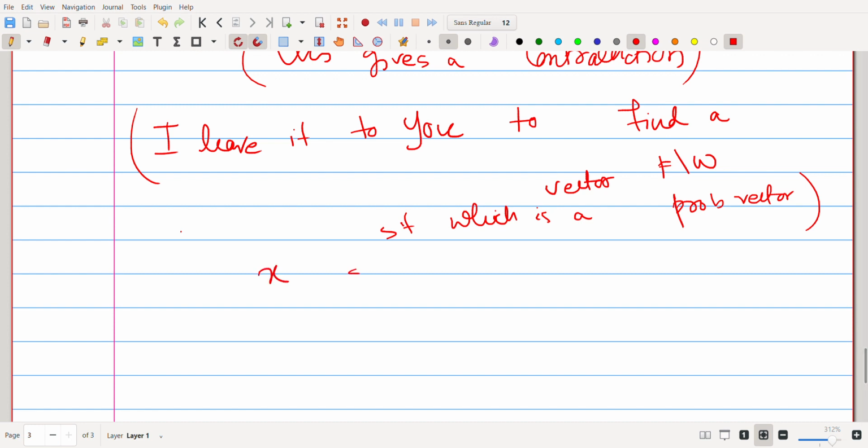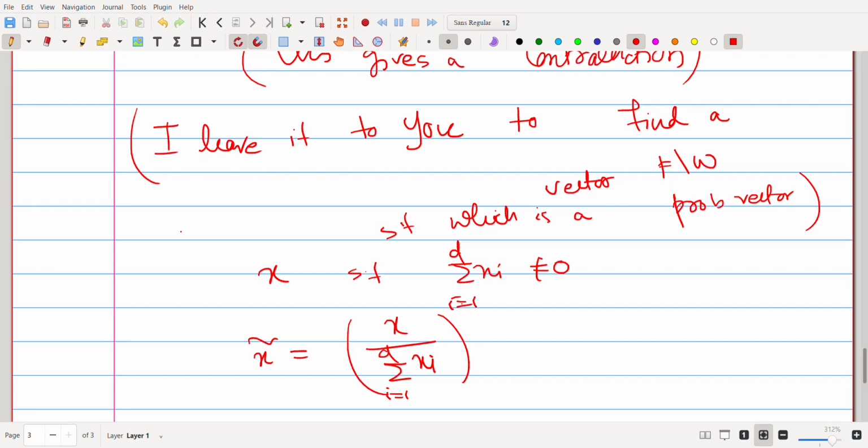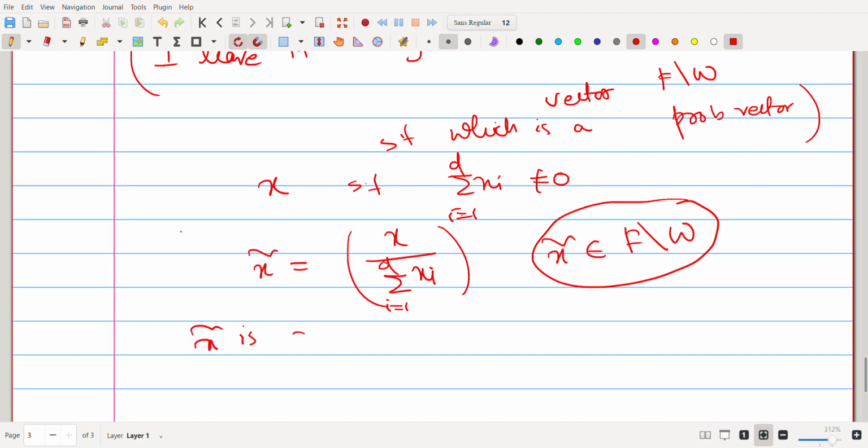You have already shown that there is some x such that the summation of xi, i equal to 1 to d, is non-zero. Then take x tilde equal to x divided by the summation of xi. Then x tilde belongs to F minus W, because x tilde belongs to F as x belongs to F, and if x tilde belongs to W, then its scalar multiple x also belongs to W, which is a contradiction. And x tilde is also a probability vector.